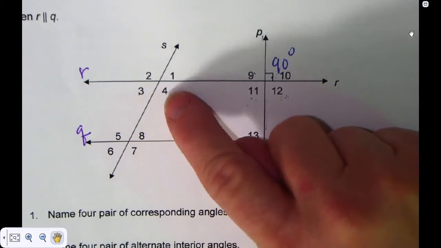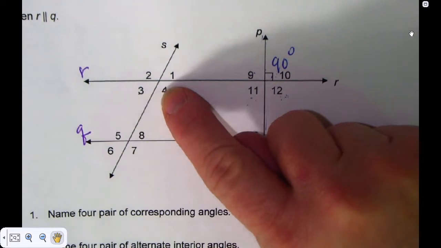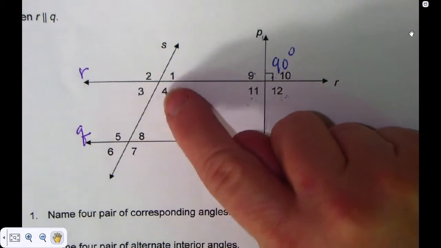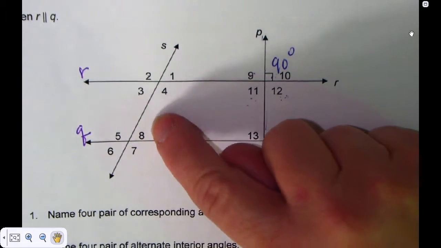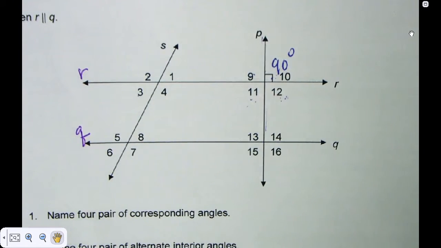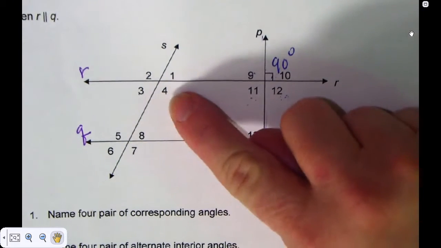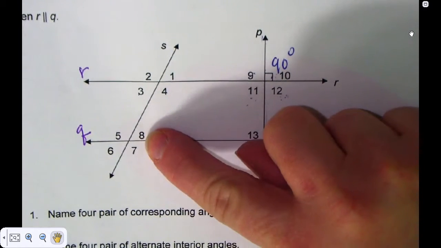Well, both of these are supplementary. They're same side interior angles. Guys, you've got to know that today. These are same side interior. That's what we learned yesterday. They are supplementary. You can tell that 4 and 8 are not congruent, can't you? That's obtuse, that's acute.